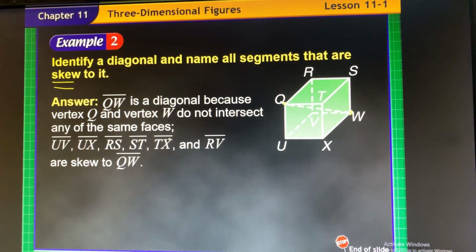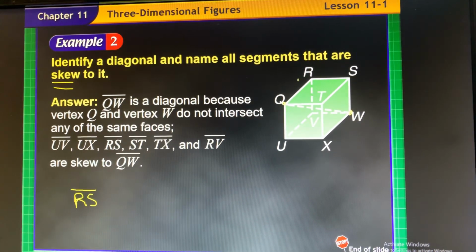Now, when you would have gotten tested on this, I would have asked you who is skew to RS, because I think it's a little bit harder problem, because remember, skew cannot be parallel.